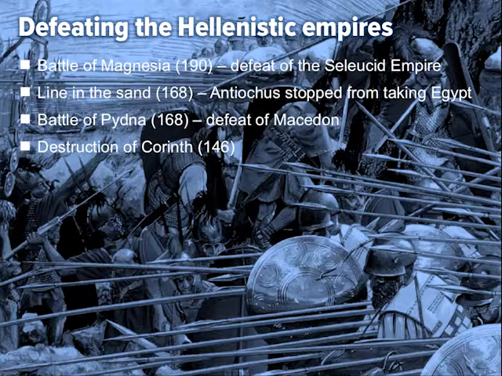Only Egypt itself, because of its great resources, is able to hold out in isolation. But Egypt never poses a threat of any real concern to the Romans during this period.